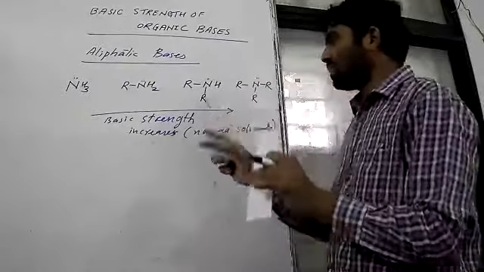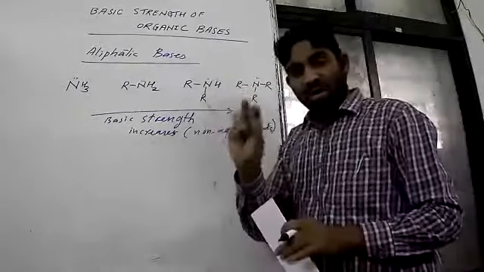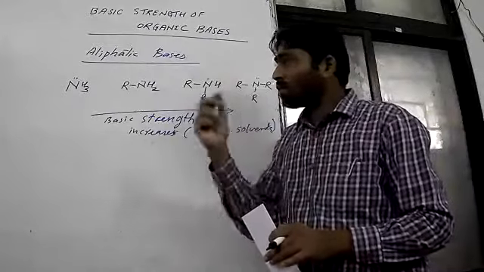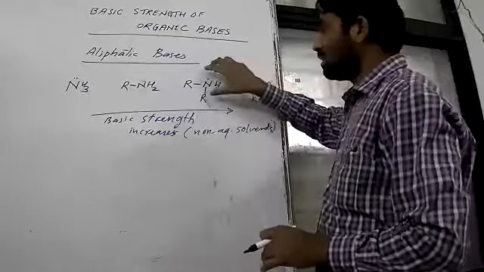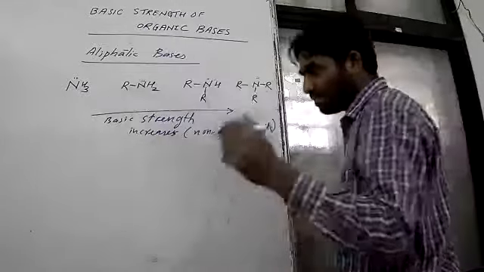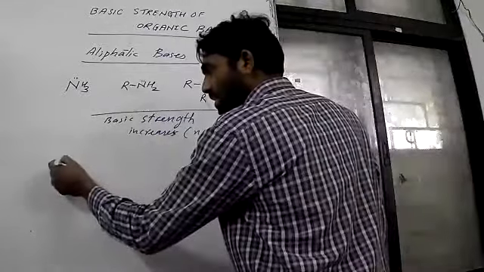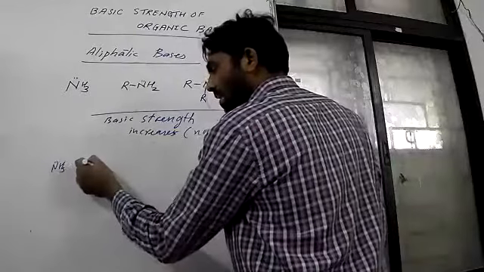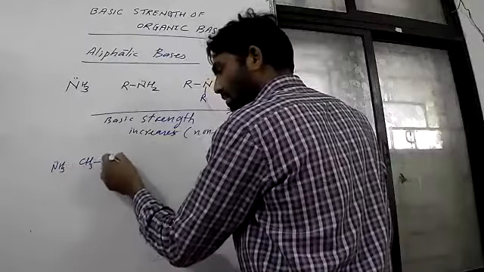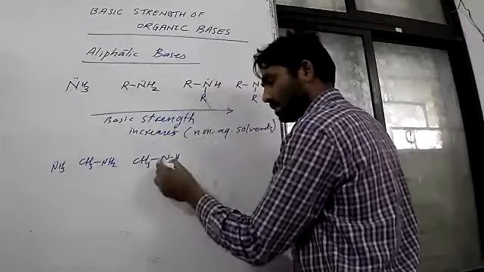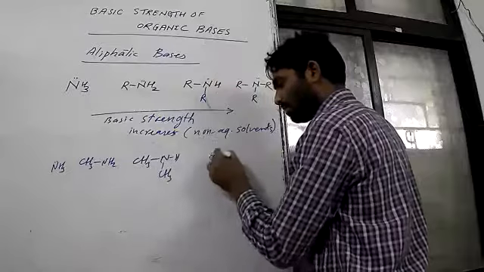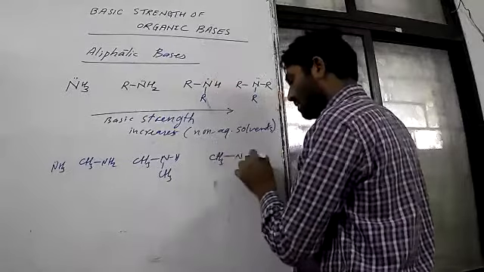If we perform a reaction in that solvent, this would be the strongest base, then this, then this. For example, ammonia, methylamine, dimethylamine, and trimethylamine.